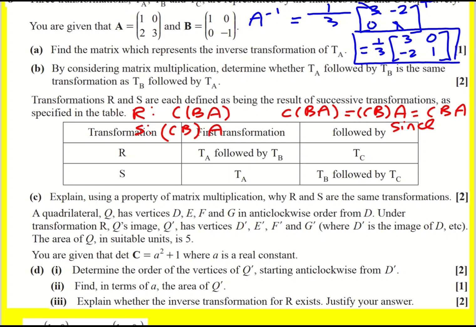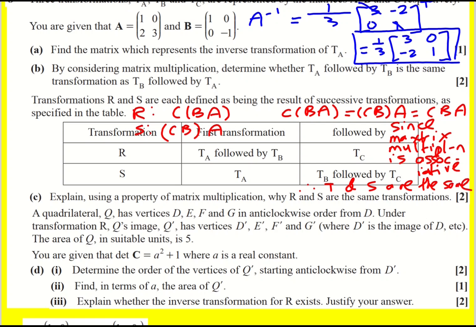So R and S are the same, but technically we should say since matrix multiplication is associative, i.e. the order of bracketing doesn't matter. You can do BA first and then times by C on the left, or you can do CB first and then times by A on the right. So therefore, R and S are the same.